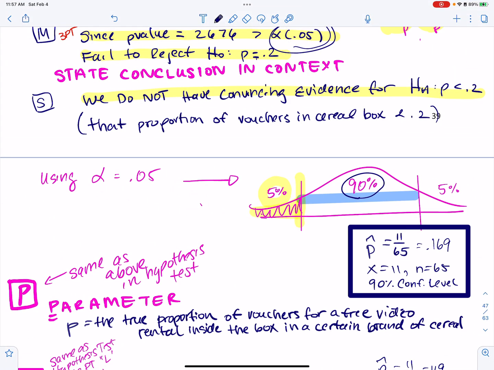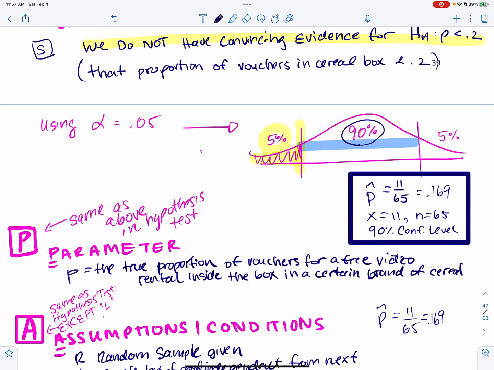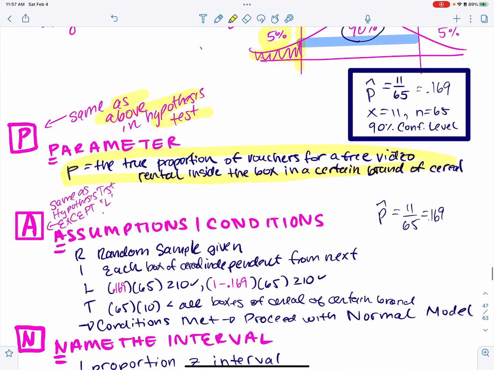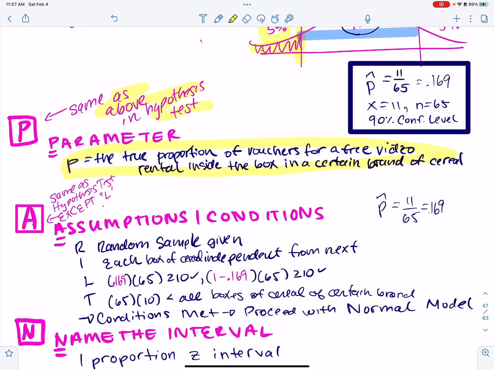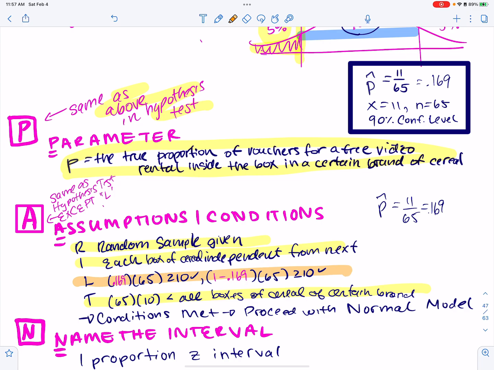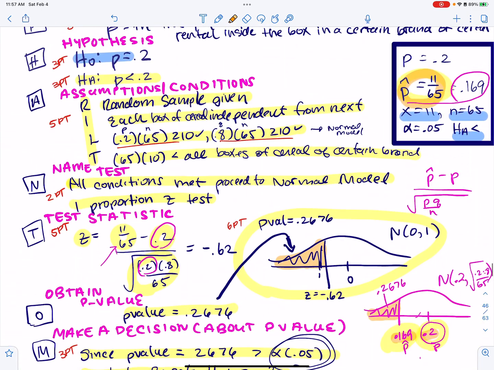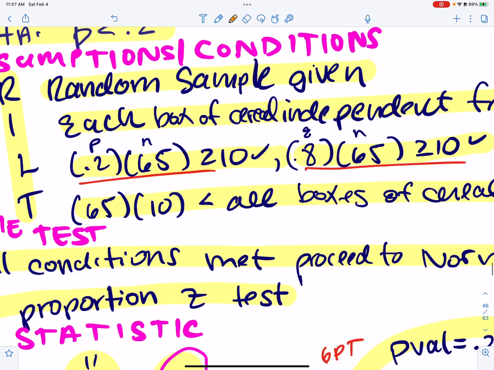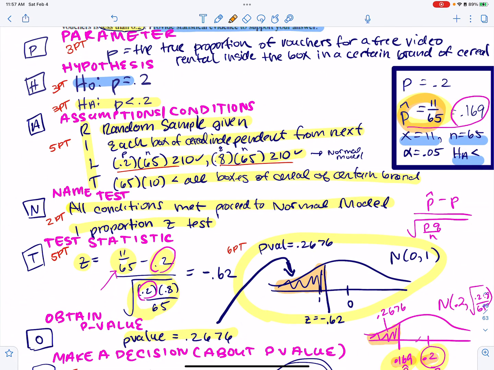So I'm going to run PANIC. And if you notice, PANIC is the same as above in the hypothesis test. So this here is just identical to what I just wrote above. So my assumptions and conditions are identical. So random sample given, independence the same, this is the same. The only thing that's different is this one here. The L is different. Above, in this L, I used np, nq, because the model was about my population.